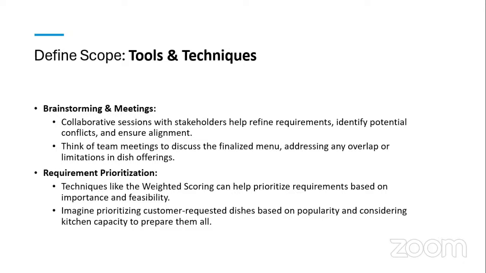So with your requirement prioritization, you know which of the requirements should be given high impact value. Then you look at the ones that will be given moderate impact value, and then the ones with low impact value.